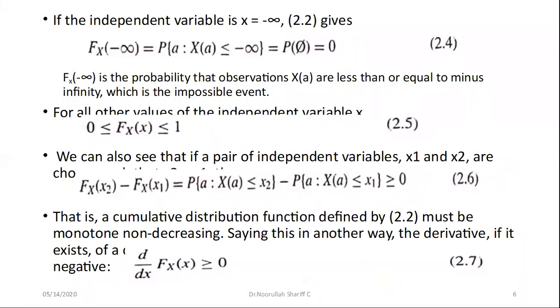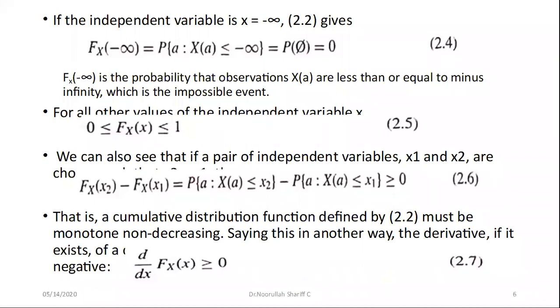When you throw a dice, 1 might appear, 2 might appear, 3, 4, 5, or 6 might appear. If all are equally likely, then the probability of each occurring will be 1 by 6. P of 1 is equal to P of 2 is equal to P of 3, and so on, P of 6 equal to 1 by 6, because we have 6 possibilities.